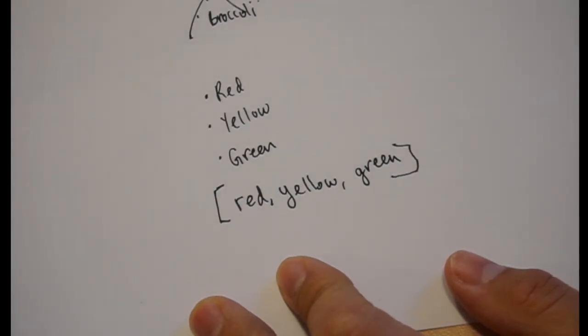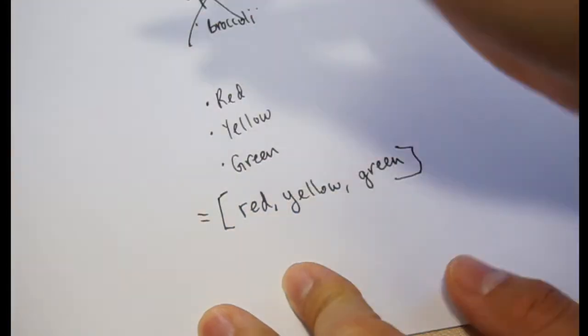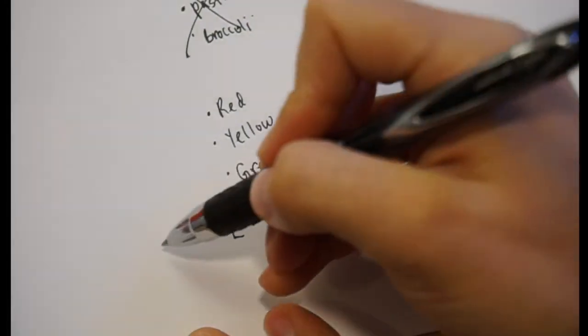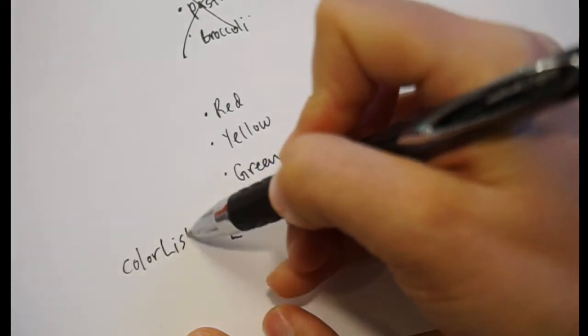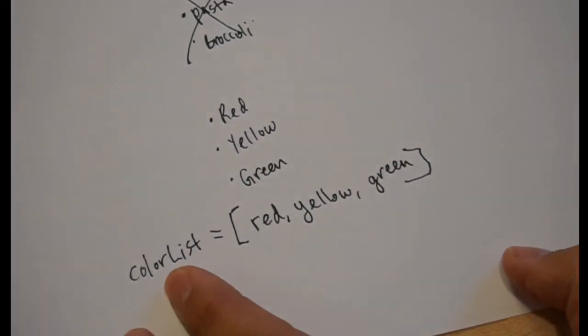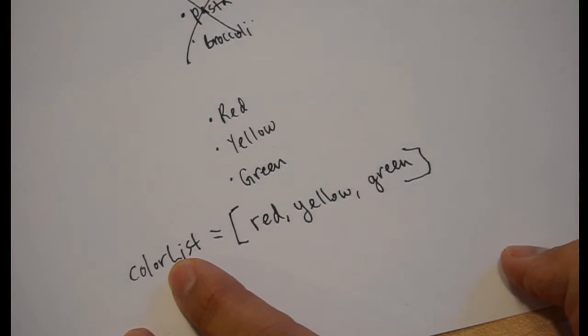Now, to make this a little bit easier on ourselves, we are going to give this list a name. And the way we do that is we just say equals, and because I already have one thing called color, I'm going to call this colorList. Now you can see the way that I've written this, I'm doing a capital L. This is called camel case.